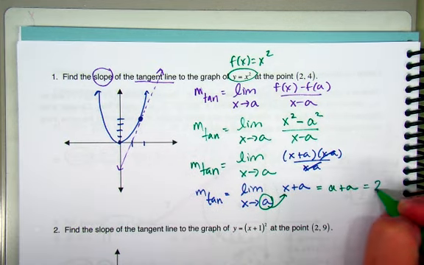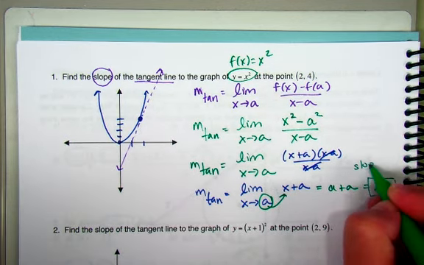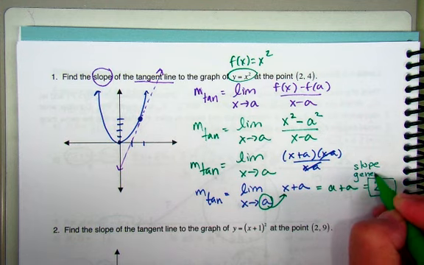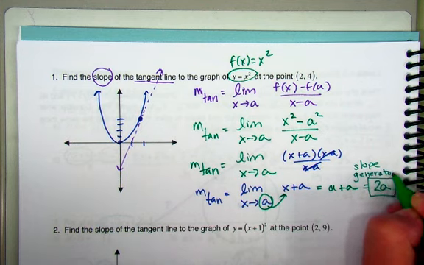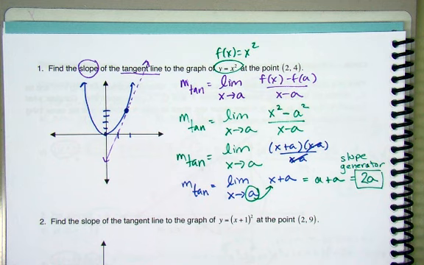Which is 2a. And this is what I call, and we'll talk more about this later, a slope generator. That's a formula that will find the slope at any point a, x value a, on this graph.